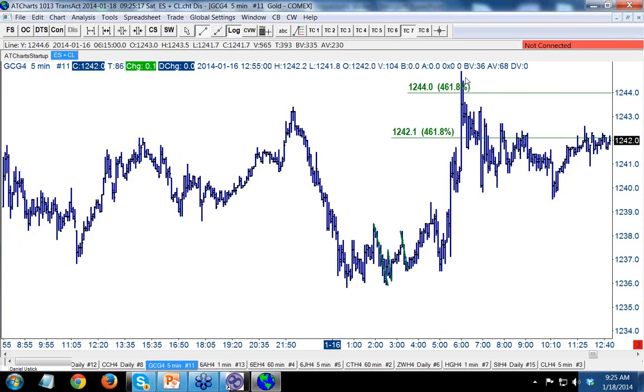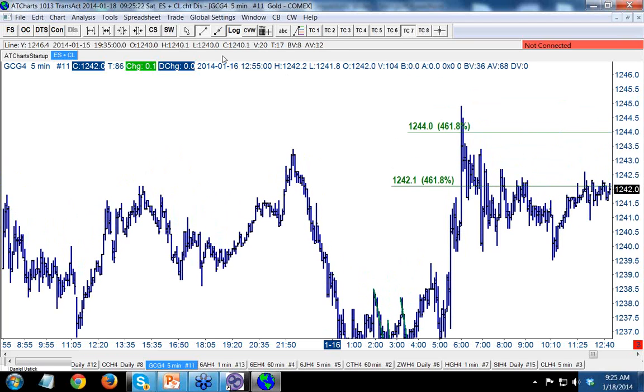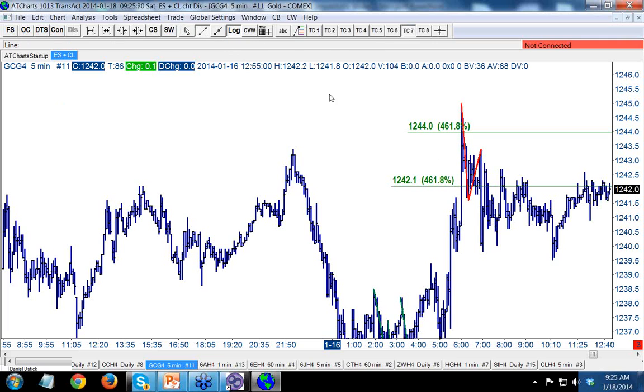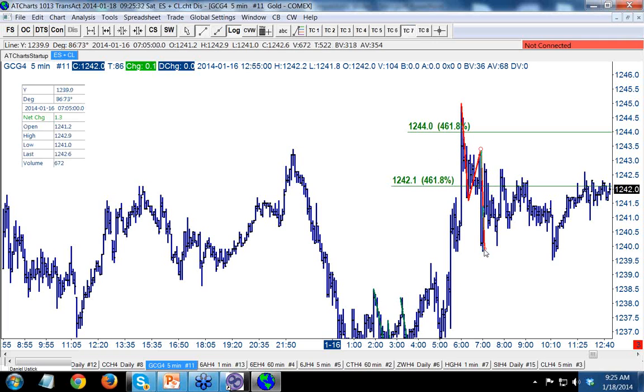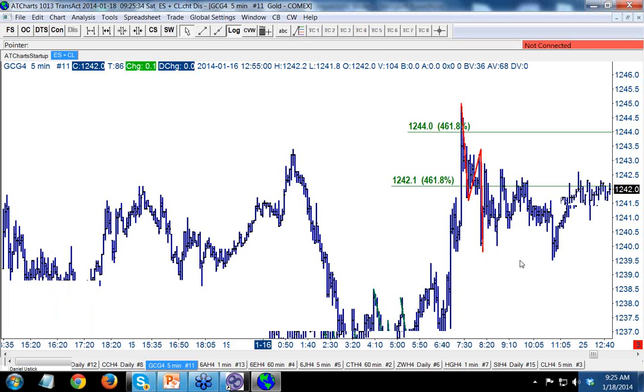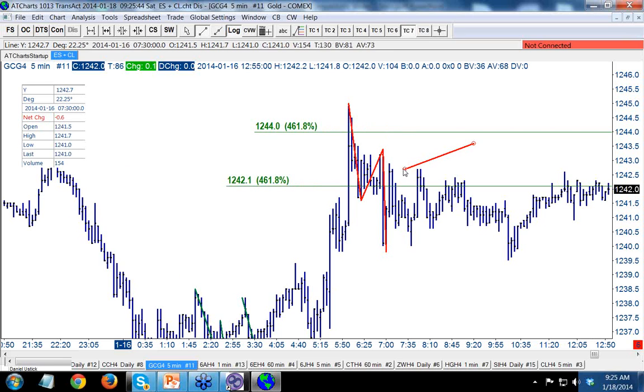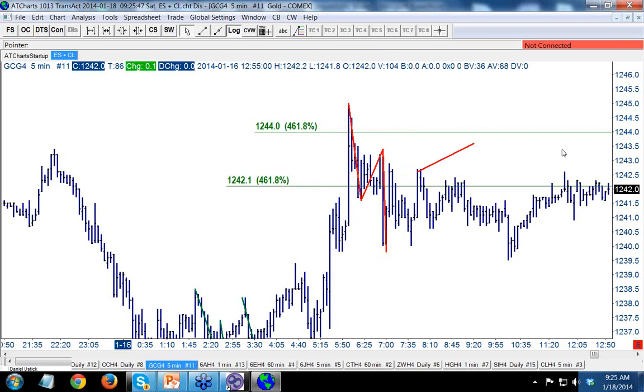This is the primary entry. I missed that one, but I got in on a secondary entry, which was what? When the market actually tipped its hand, meaning the market says, hey, I'm going down. Then this is telling you that you can short when it bounces up either here or here, okay?